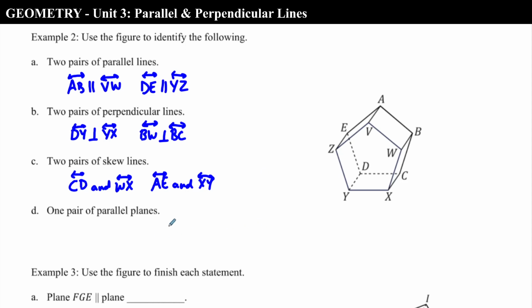All right, and a pair of parallel planes. Well, here we only have one option. That's the front face and the back face. So we've got plane ABC, which is the back face. Again, you can use any three of these five letters to name it. And then plane VWX.